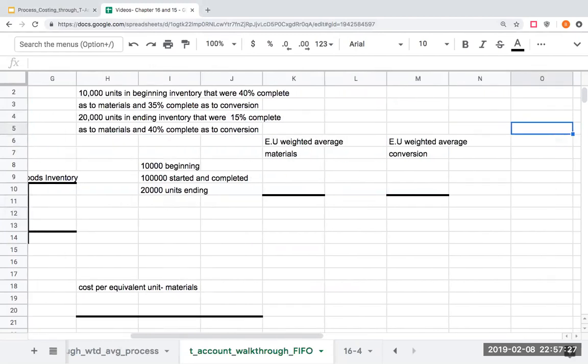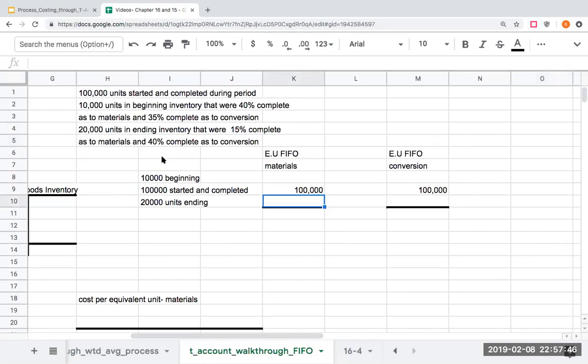Now, when I do FIFO, and let's make this FIFO, and EU stands for equivalent units. My 100,000 started and completed doesn't change. That was fully done during the period. And the other part here is my ending units.